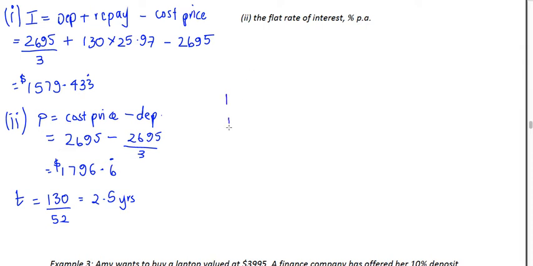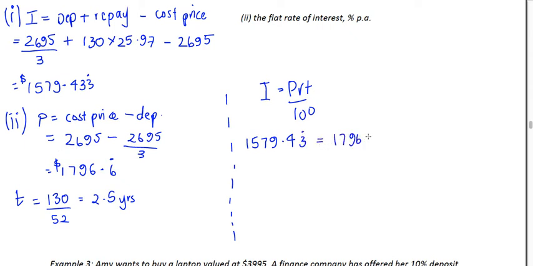I'll just move over to this opposite side, just put a dotted line to separate the page. At the moment, I'm just substituting into the rule. R is what I'm trying to find.